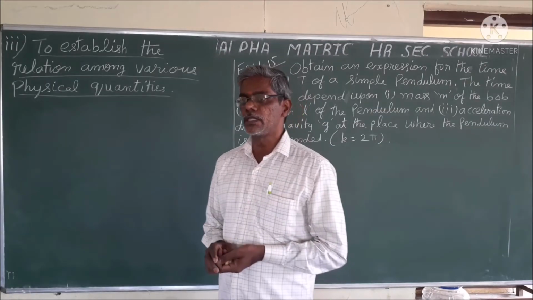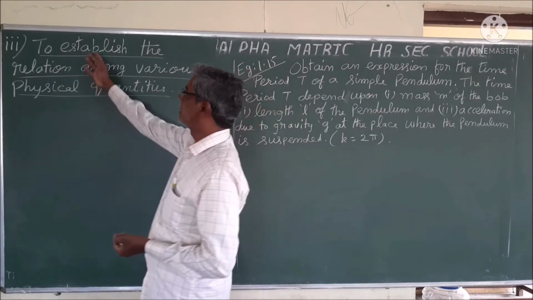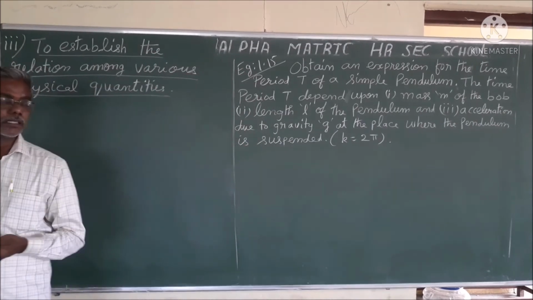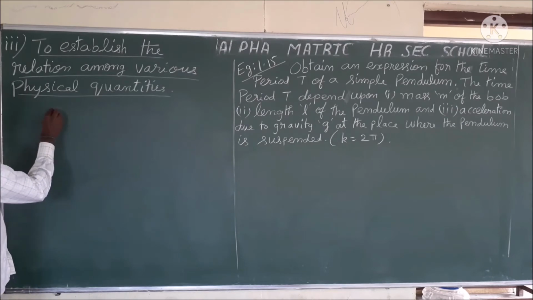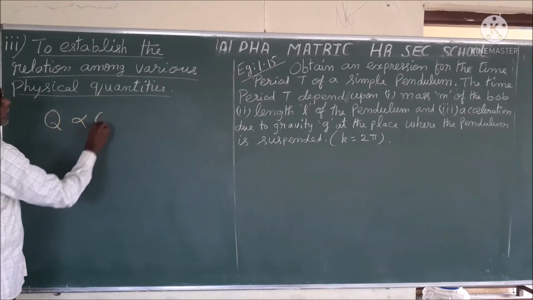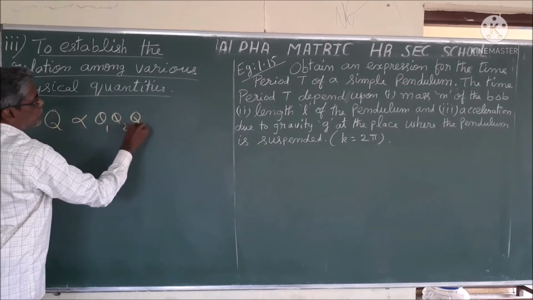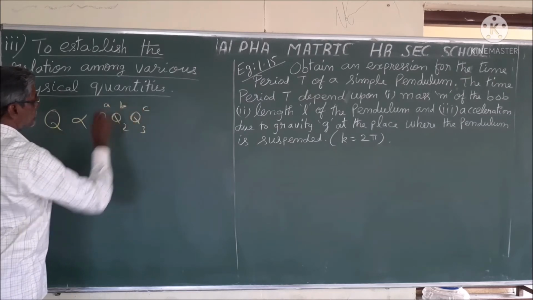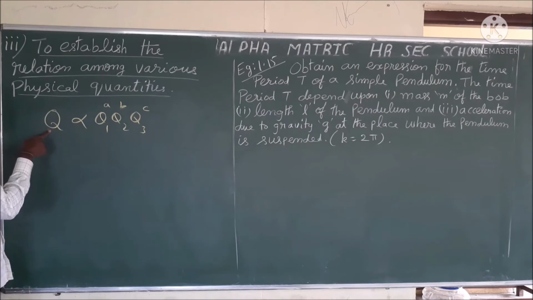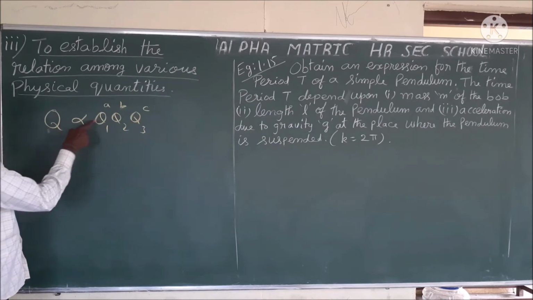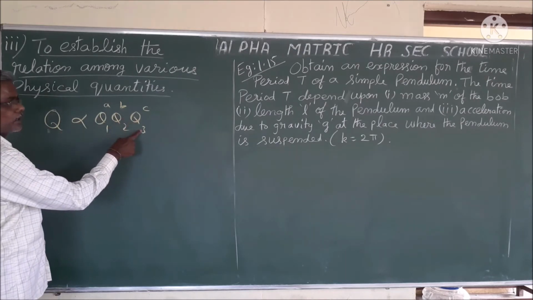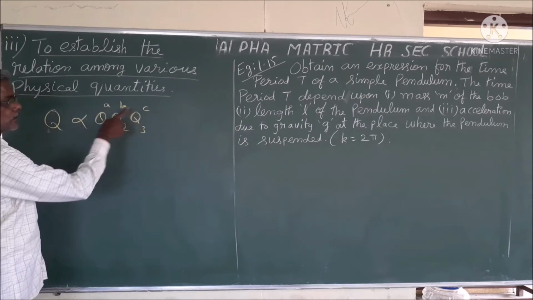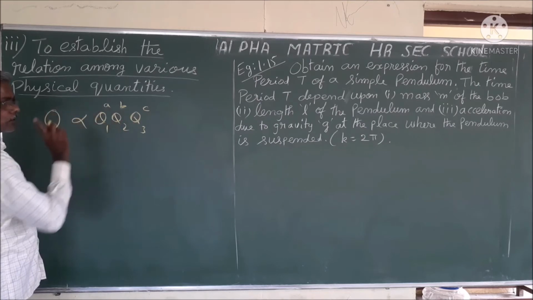Understood? So the third application today we will discuss is to establish the relation among various physical quantities. Let us consider Q is directly proportional to Q1, Q2, Q3, with powers A, B and C. This physical quantity Q depends on Q1, Q2 and Q3 physical quantities, where A, B and C are the dimensions of these physical quantities.